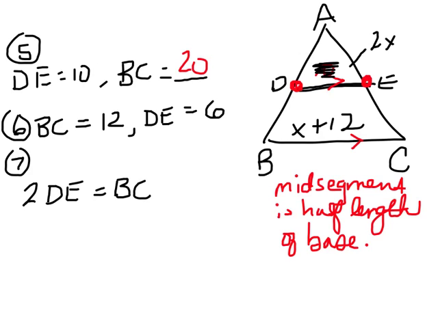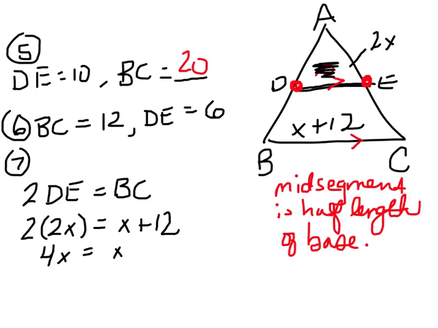So, let's see. If I want to solve for x and find how big DE is, I could say, well, they told me DE was 2x. And they told me BC was x plus 12. So I just have a little equation to solve. On the left-hand side, 2 times 2x is 4x. And then x plus 12 over here.